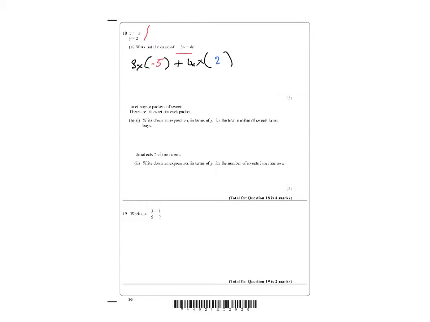I'm going to do the positive one first. 4 times 2 is 8. I've got the plus sign there, and I'm going to work this one out. I have 3 times -5, so 3 times 5 is 15, so 3 times -5 is -15. Now you've just got to add that up, so I've got -15 plus 8, so that would be -7.